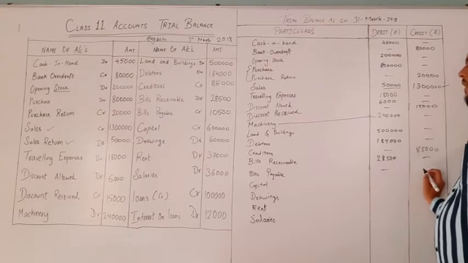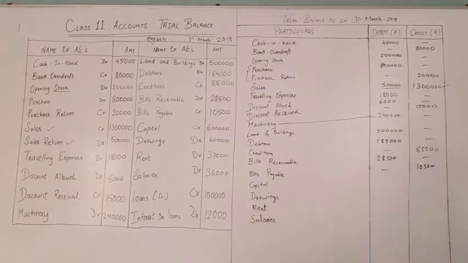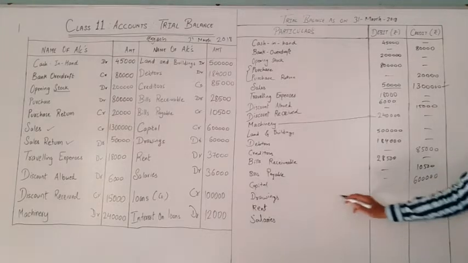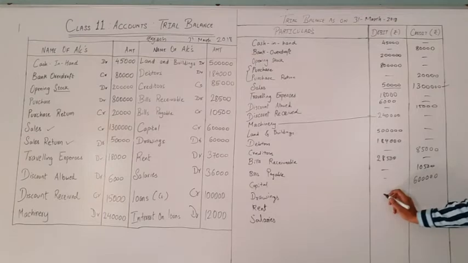Bills payable is 10,500. Capital is on the credit side as 6 lakh rupees. Then drawings are being given. Drawings are ultimately a debit of 60,000.